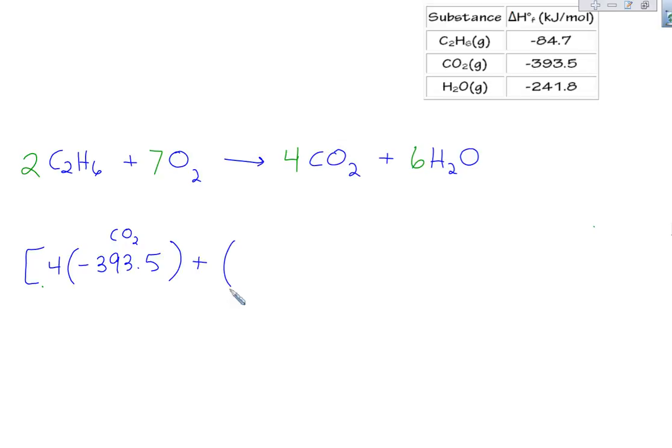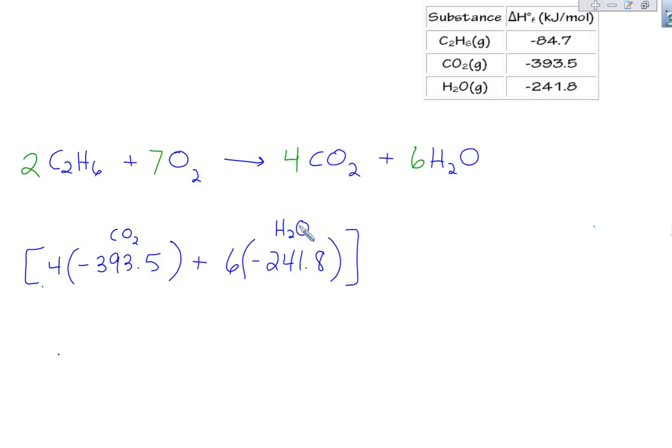Sometimes charts will give water in both the gas and liquid phase, so you have to think about which one would be used here. We're writing the equation ourselves, but a combustion should be exothermic, and often that water comes off as water vapor. Rarely are you doing a combustion where you'll see liquid water formed. So I should put the 6 in first: the 6 waters, negative 241.8. There we go. Now that's the water.